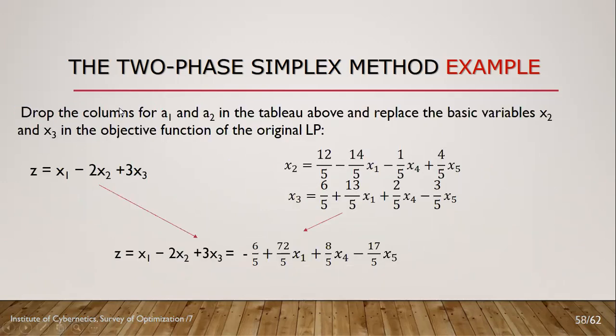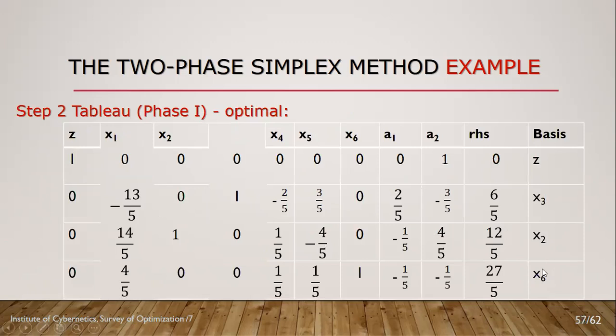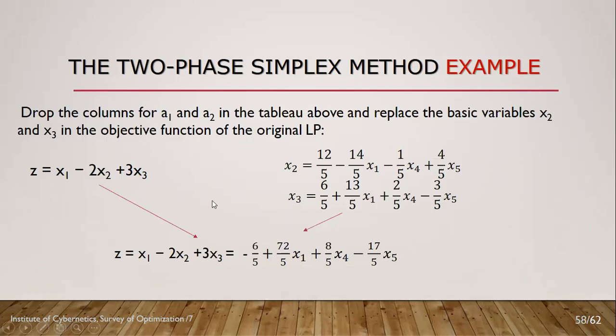Then we drop the columns for the artificial variables in the tableau above and substitute the basic variables x sub 2 and x sub 3 in the objective function of the original LP. Why x sub 2 and x sub 3? We do not care about x sub 6 because it was a newly introduced variable, a slack variable. The values were found here.